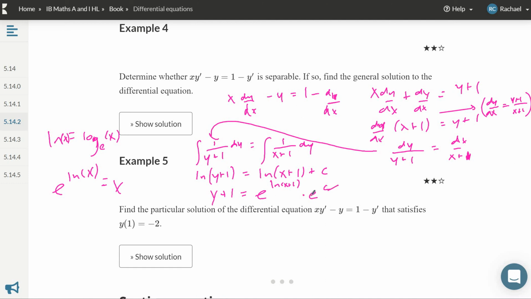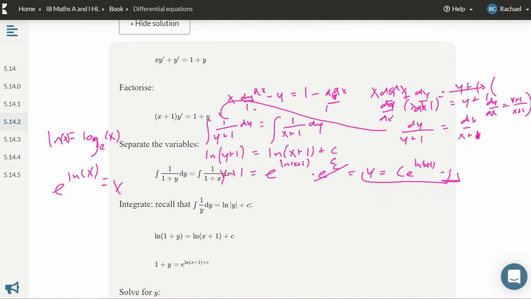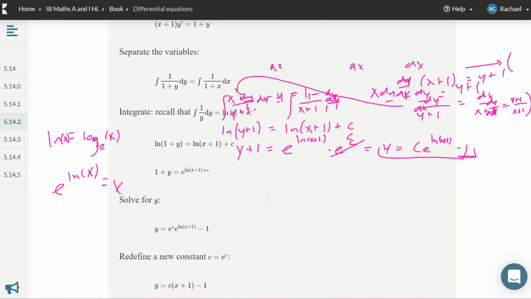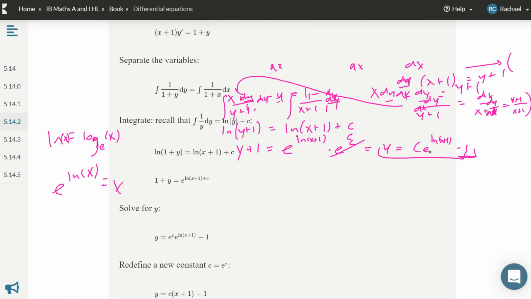Here, e to the c can be written as this constant. So this would be y equals c e to the ln of x plus 1 minus 1. Okay. Well, I can go one step further, obviously, because e to the ln of x plus 1 is just x plus 1.